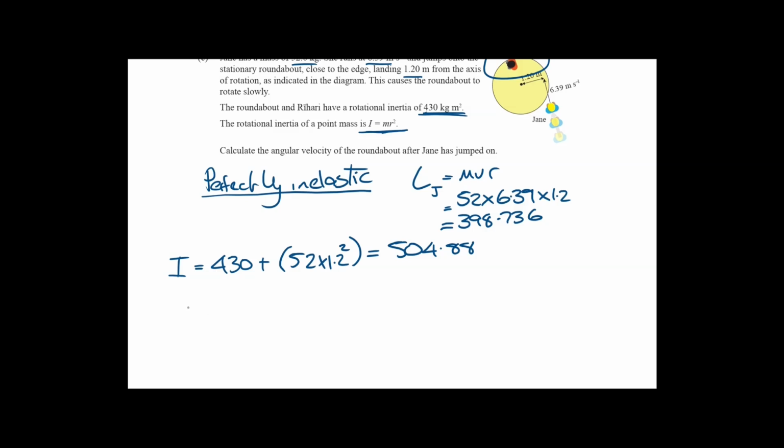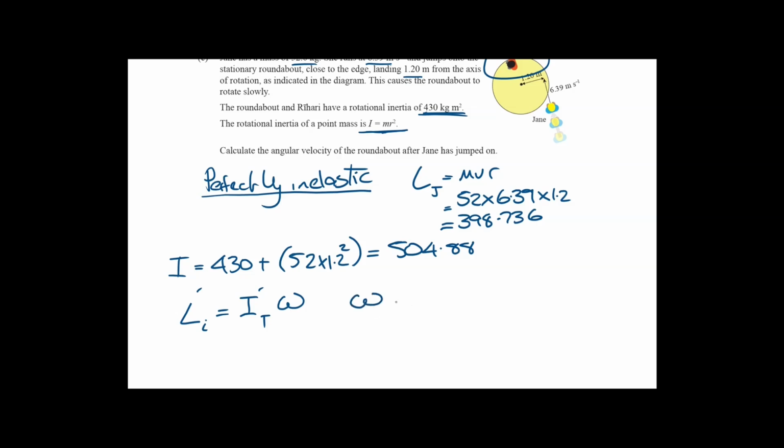Okay, well, we know that L is going to be equal to the total inertia times the rotational angular velocity, which is what we've got there. So we've got that. Now we need to find this.